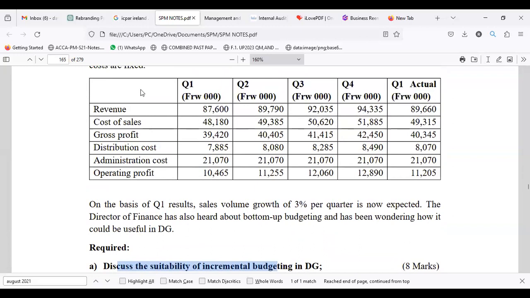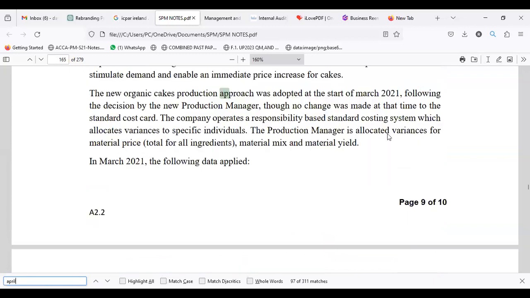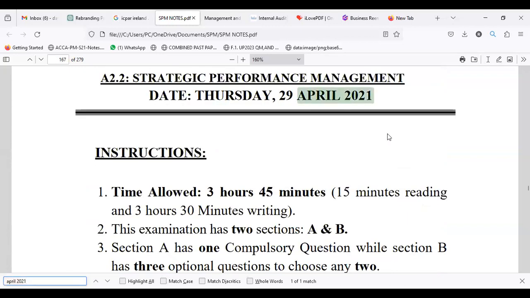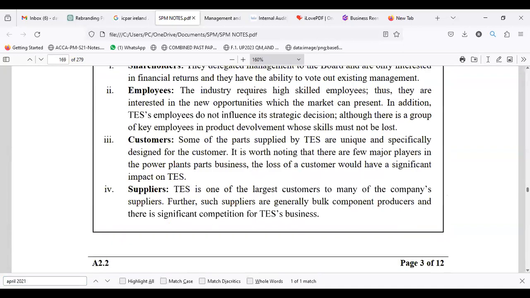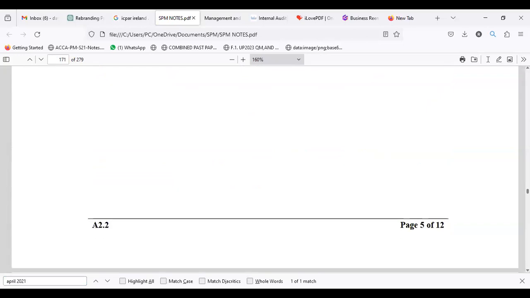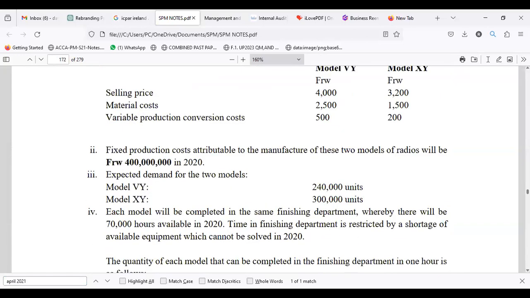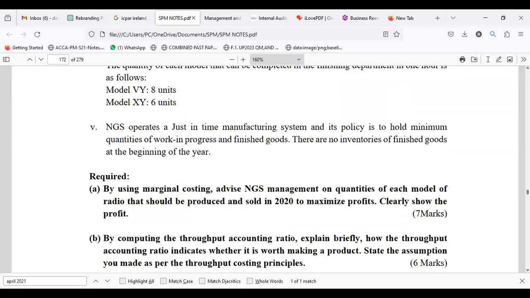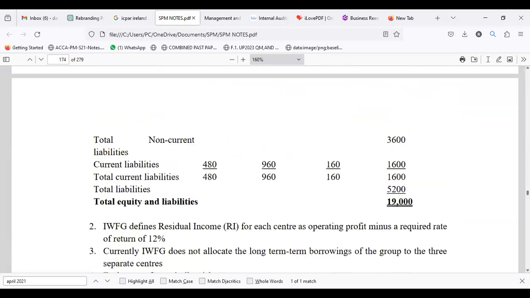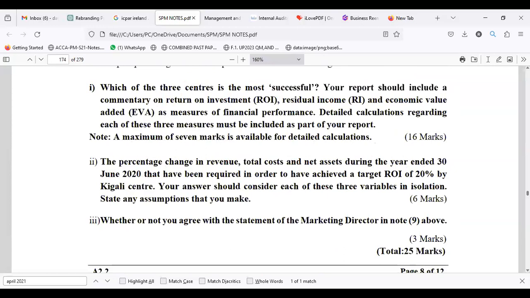Now, not only that, also if you go to April 2021, there was a question. So the questions are in August and April. That is the time when they did set 2 questions. One was set in April, another one was set in that period.